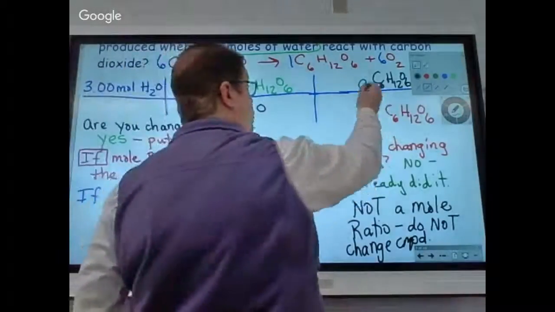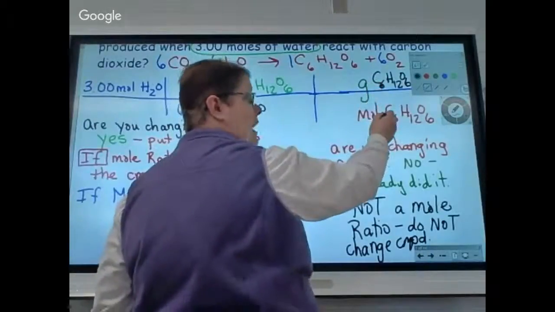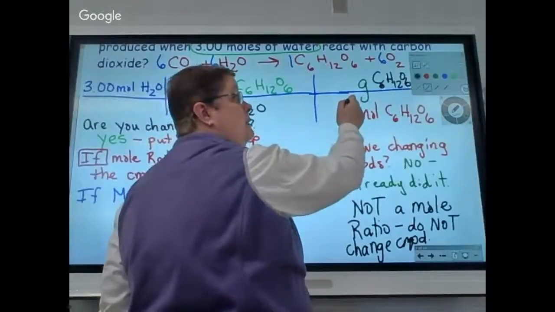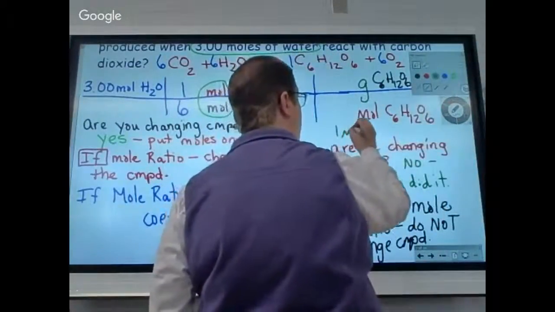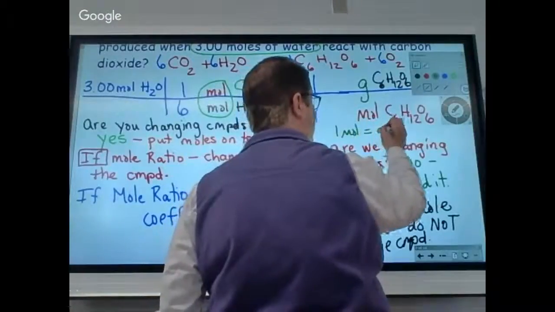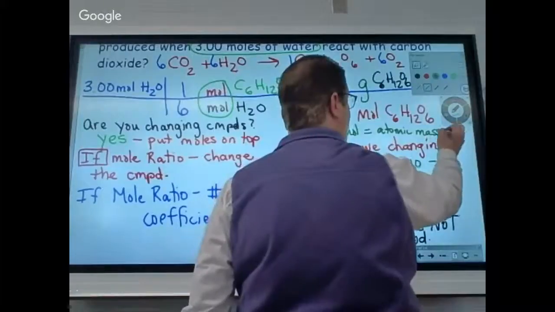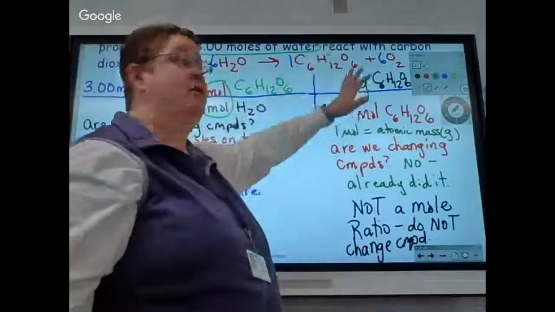Where it says moles to grams, what do you notice about the compounds? They're the same. This is the old conversion we've been doing for weeks. This is our 1 mole equals atomic mass in grams.